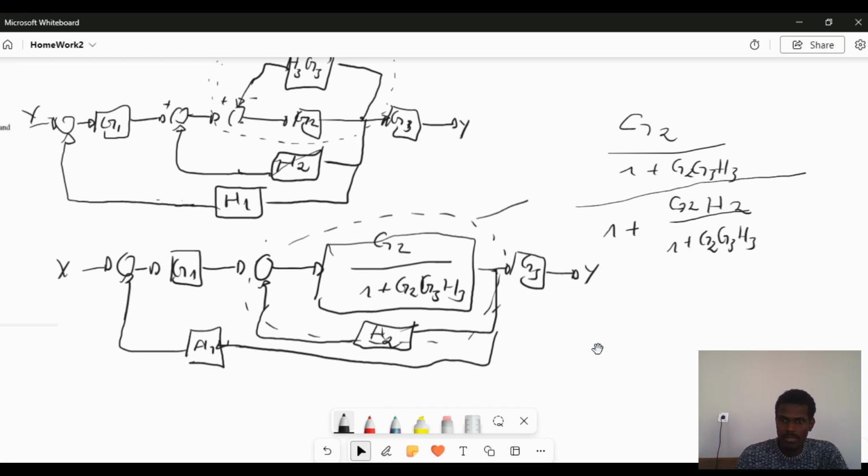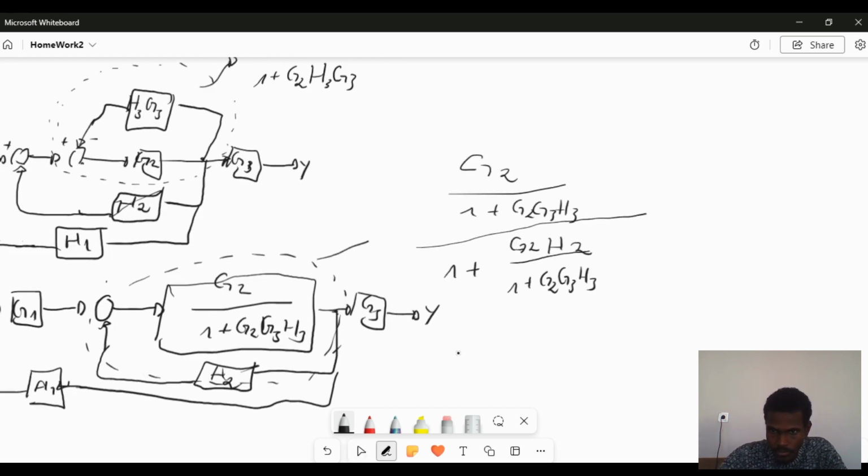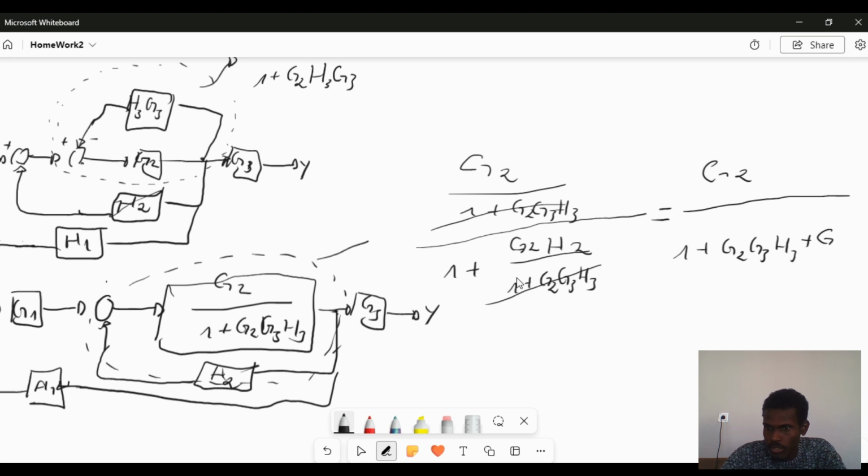So we can simplify this by sending this denominator to the main denominator, and we can find here G2 is equal to 1 plus G2 G3 H3 plus G2 H2.